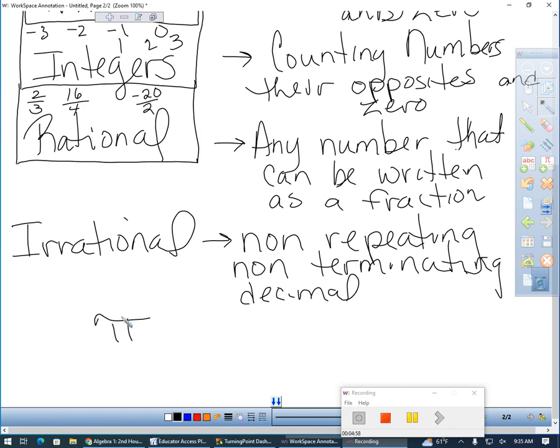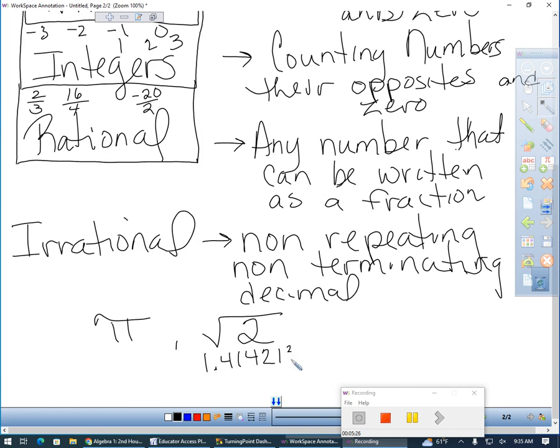Another irrational number might be the square root of 2. So go ahead and grab your calculator. I want you to type in the square root of 2. So it looks like it stops, doesn't it?